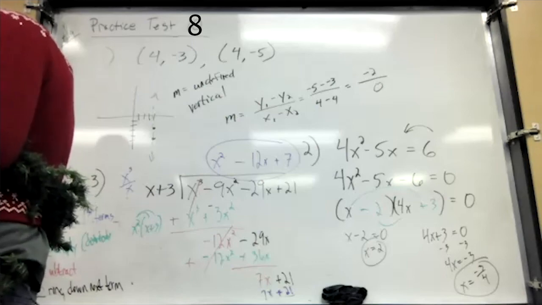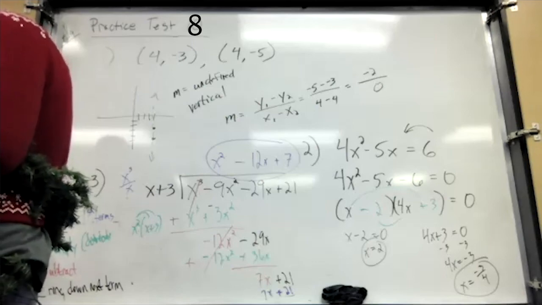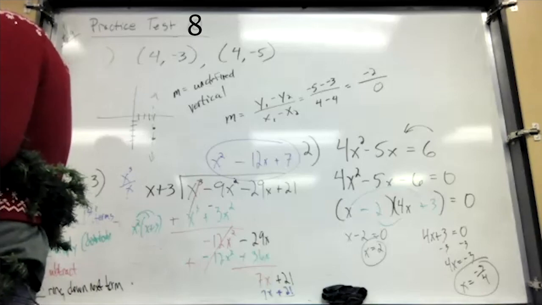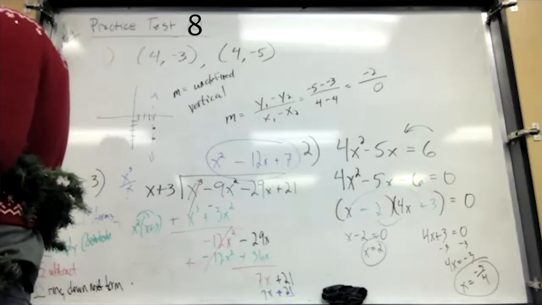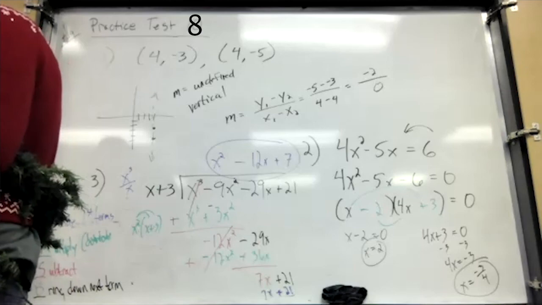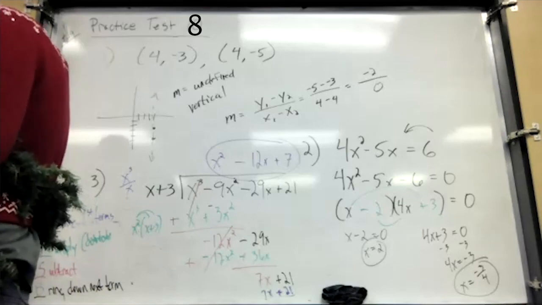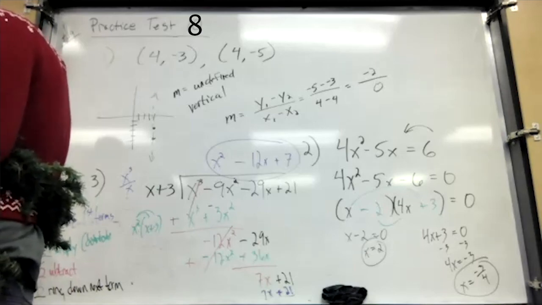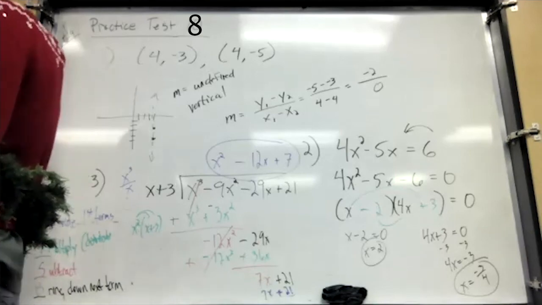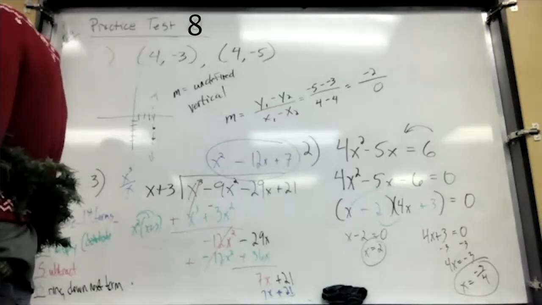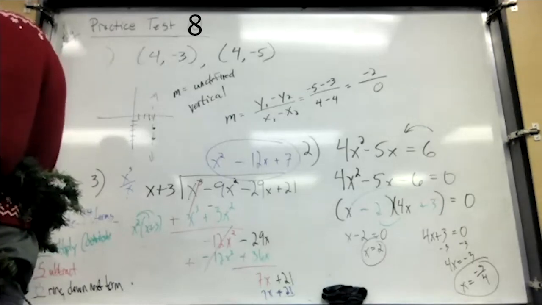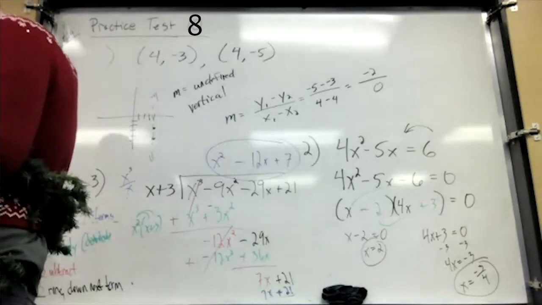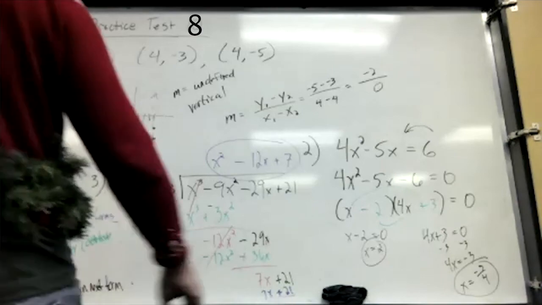Write the answers to one. What is that, number 3? No remainder. Yay. Okay, number 4. Move on.